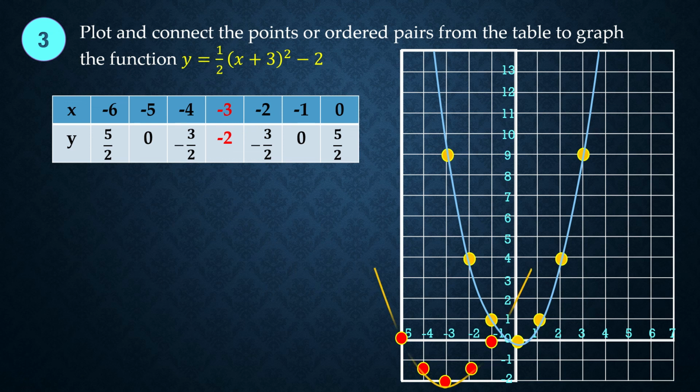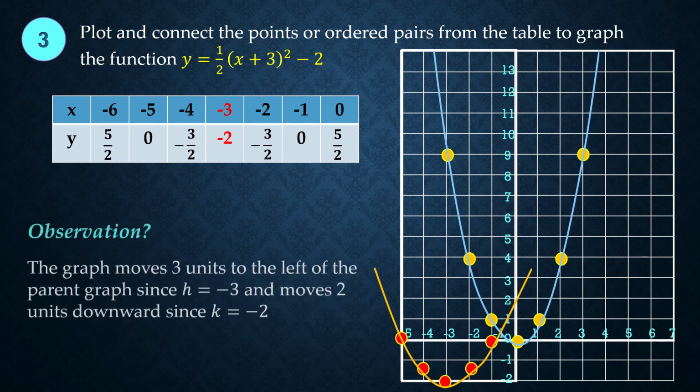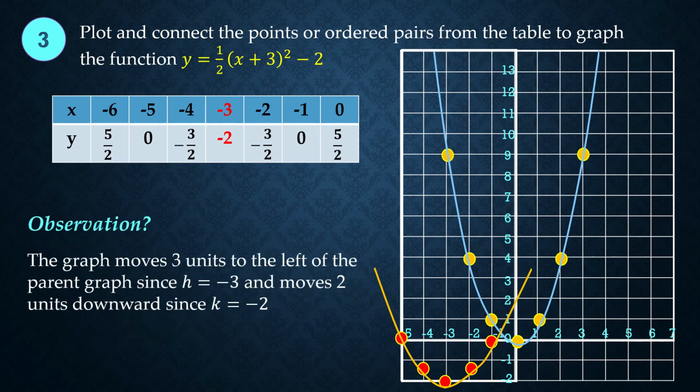Then, connect. The graph extends going up. So, the observation: the graph moves 3 units to the left from the parent function, whose vertex is 0, 0. It moves 3 units to the left because our vertex is negative 3, negative 2. The h is negative 3.